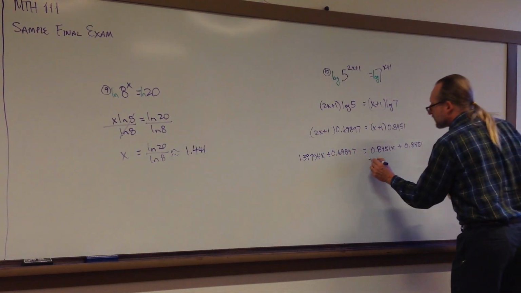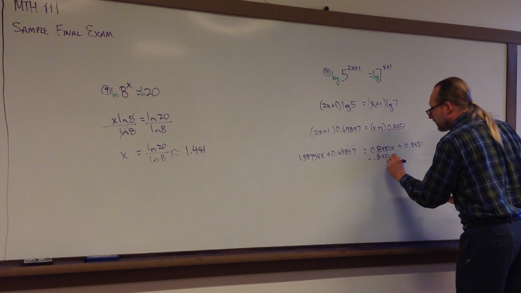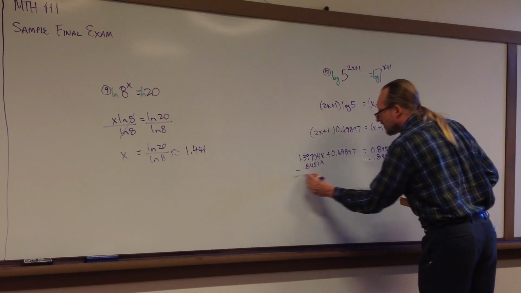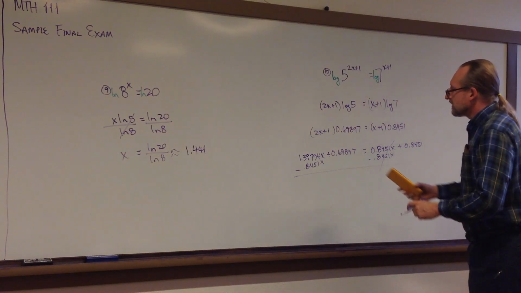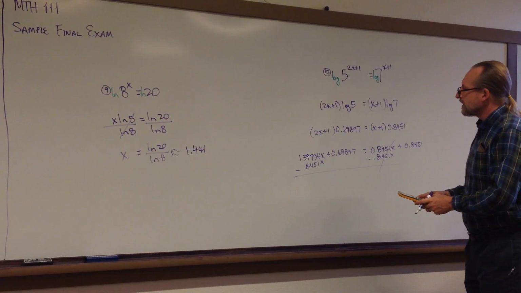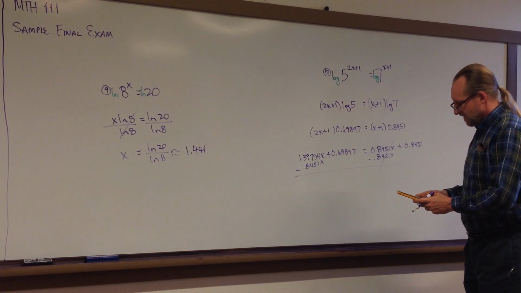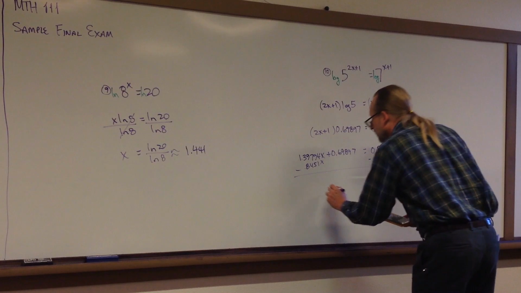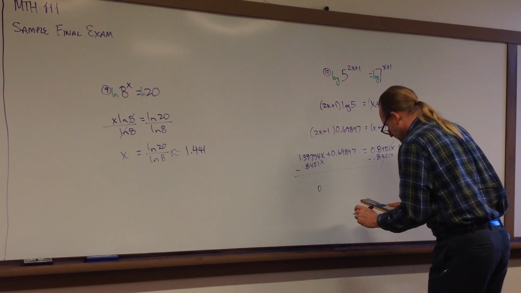Okay, so let's subtract this 0.8451x on both sides. So those cancel out. Let's see, 1.39794 minus 0.8451.